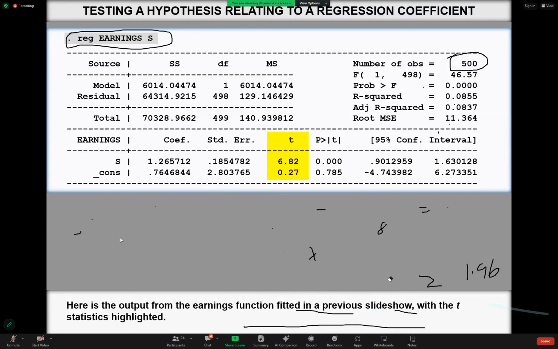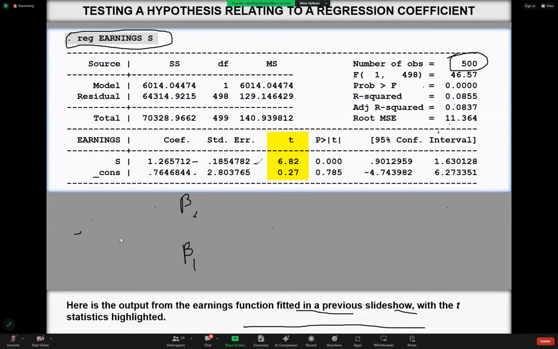now if you are given the regression output, it is very simple to understand whether the coefficient is significant or not. These are the coefficients, beta 2 and beta 1. It is very simple to identify whether beta 2 is significant or not.